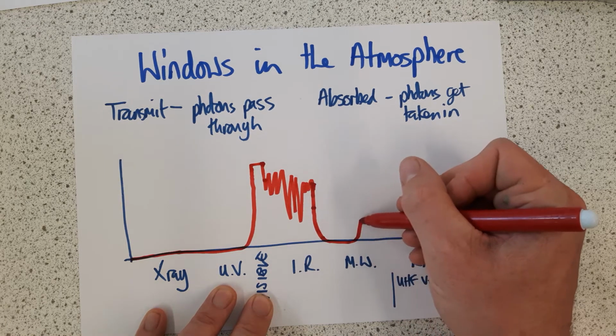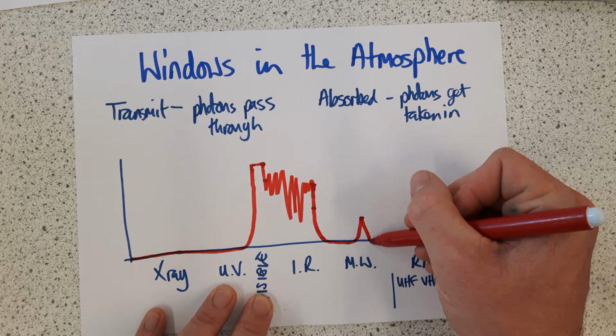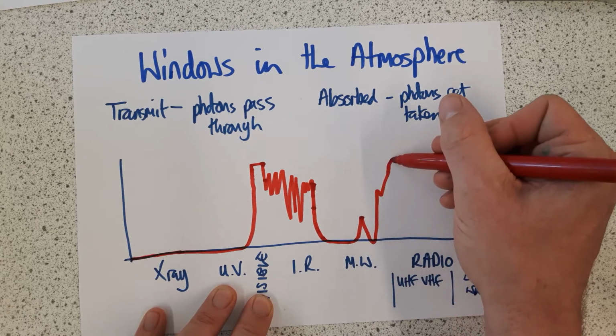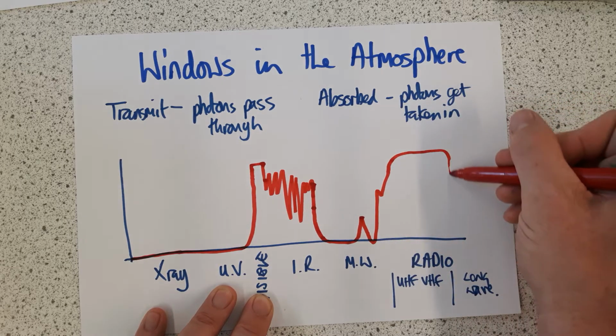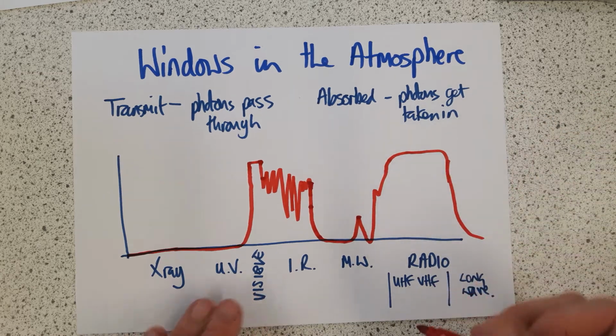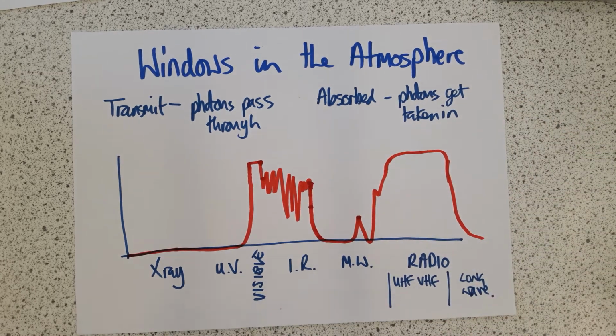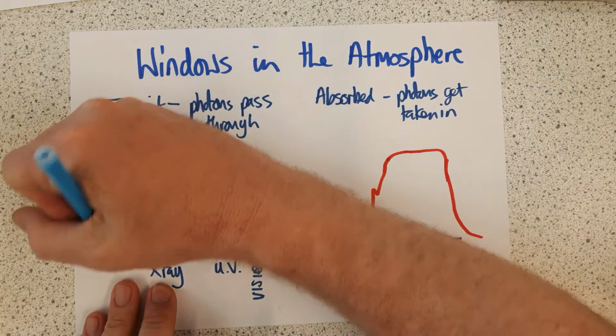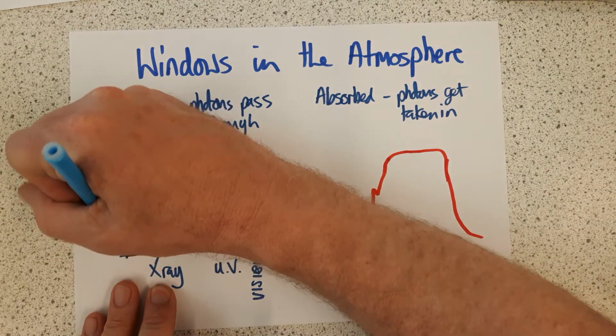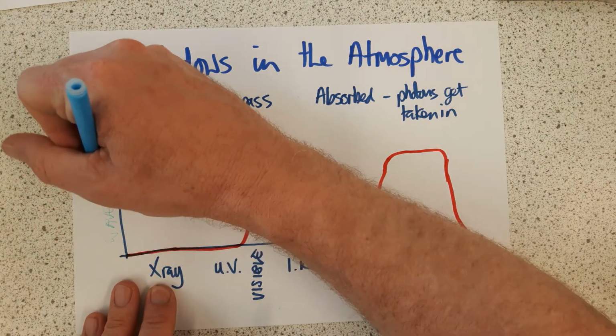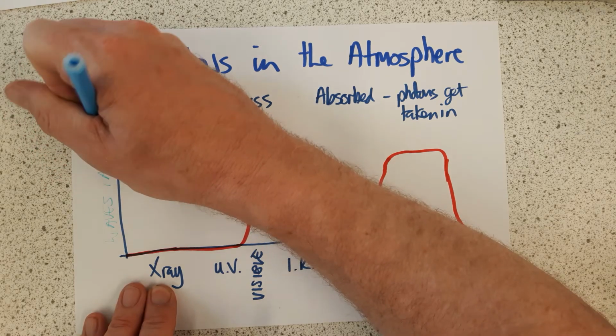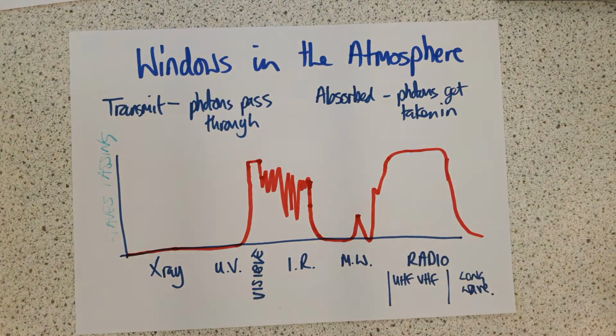We have a small spike for some microwaves, and then it rises up again for UHF, and then drops down again for long wave. Now, this is the amount that passes through. So essentially, the higher the graph, the more the waves can pass through.